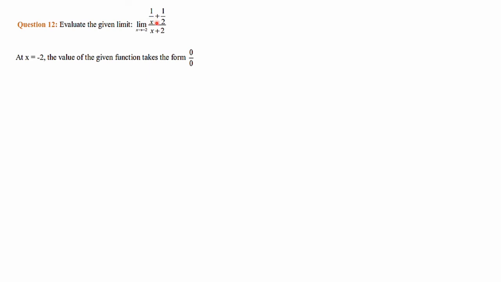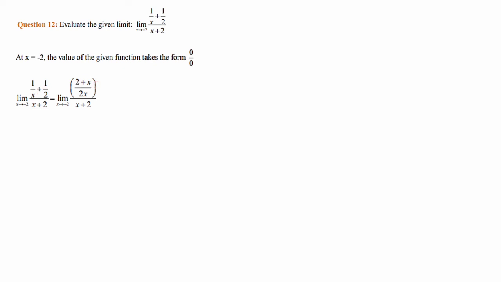Let's take the LCM of the numerators. So limit x tends to minus 2, 1 by x plus 1 by 2 by x plus 2 is equal to limit x tends to minus 2. Common denominator, the denominators here are x and 2. Let's take the common LCM, that is 2x. 2 into 1 is 2 plus 1 into x is x.